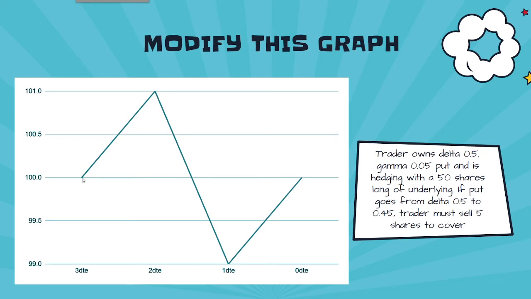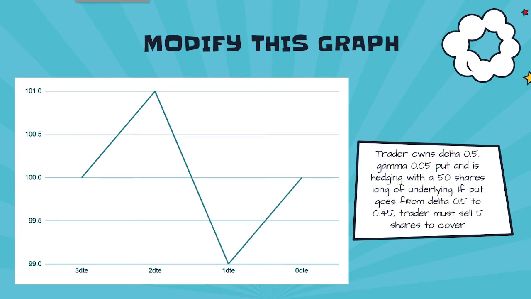And let's say price goes up from 3 days till expiration to 2 days till expiration. We see the put will go from 0.5 to 0.45, because we lose value on that put. But luckily, we had 50 shares long.